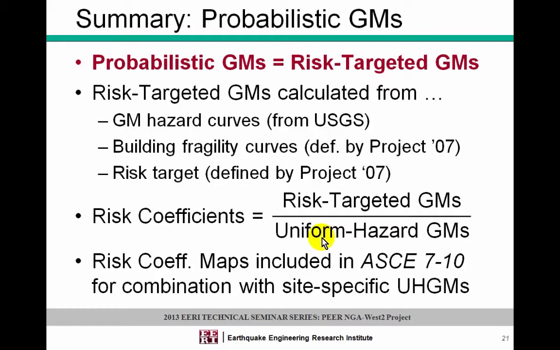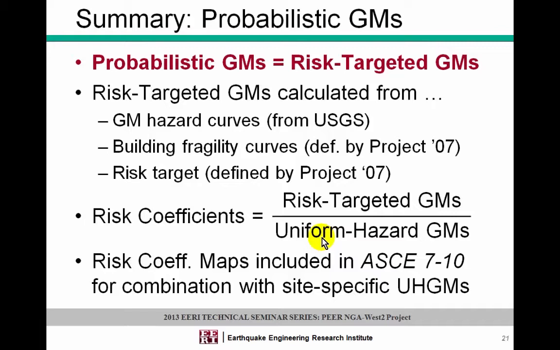Right? So those maps in there essentially allow you to do your own hazard analysis, but when it comes to doing the risk-targeted ground motion calculation, you can kind of pull a coefficient off the maps that is based on the USGS hazard curve. So that's method one in the site-specific procedure.